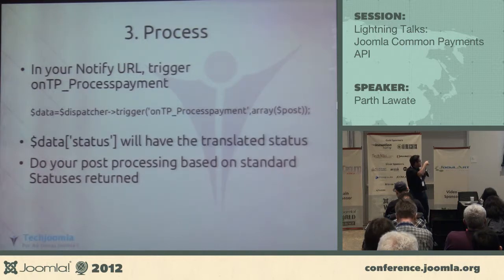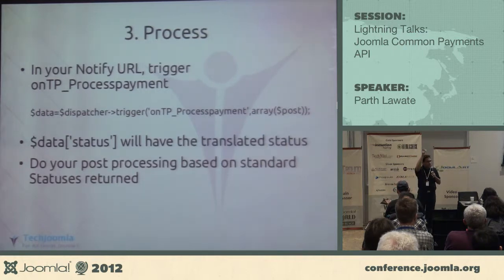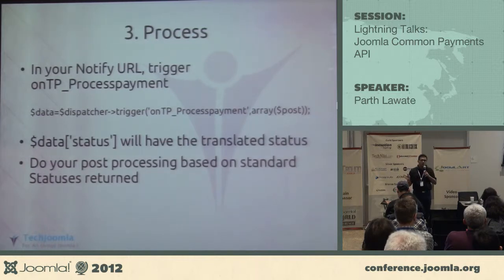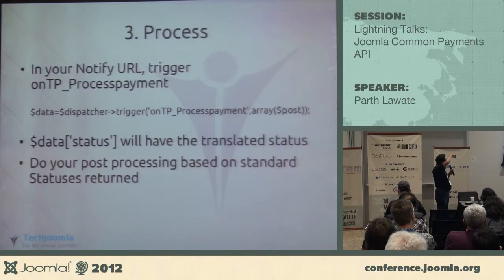And we have a translation function in there which will translate the response to a standard response. You will only get those 10 or 12 standard sets of responses, and you only have to write your cases based on those responses. So just trigger that plugin trigger there. In $data status, you will have the translated status. Based on that, write your post-processing code, and that's it. It's done.